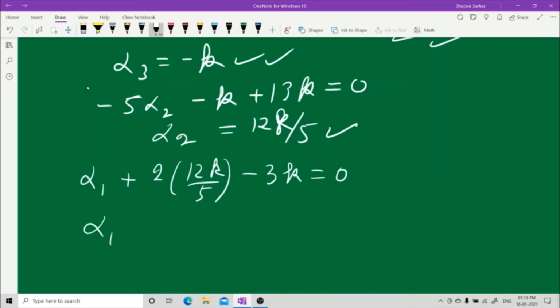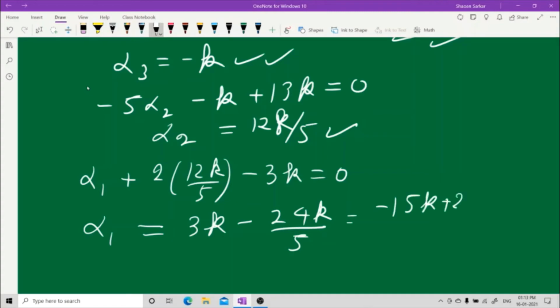Alpha 1 is now equal to 3k minus 24k by 5. Now you take the LCM, this becomes minus 15k plus 24k by 5, which comes out to be minus 9 by 5 k.